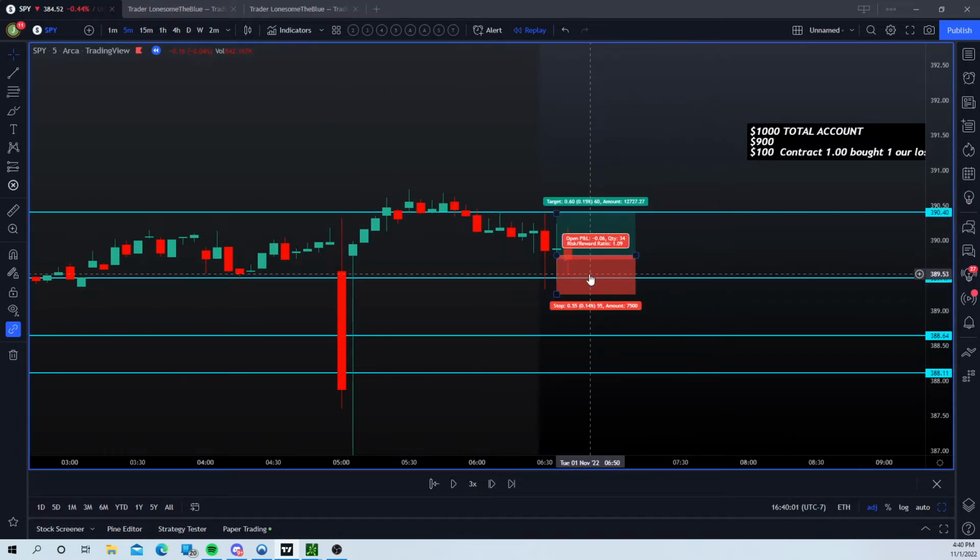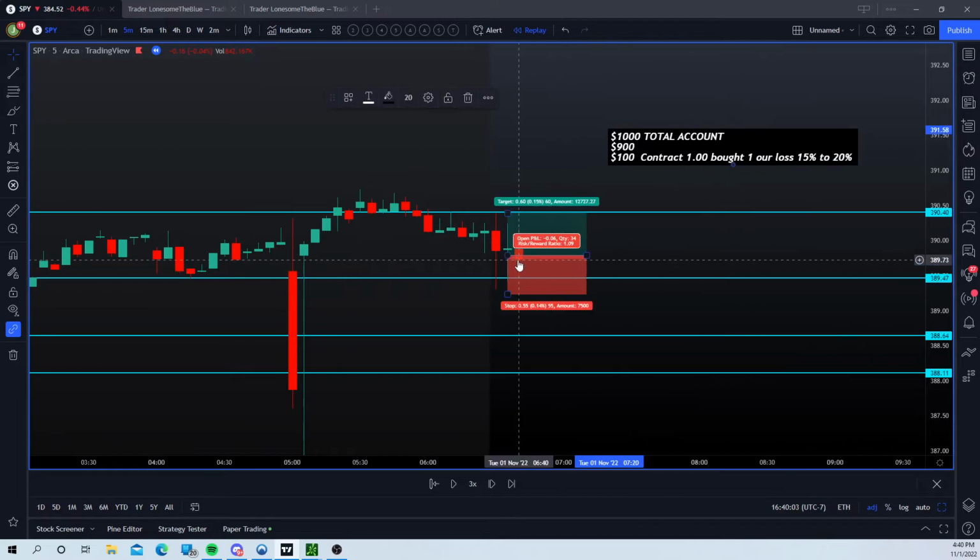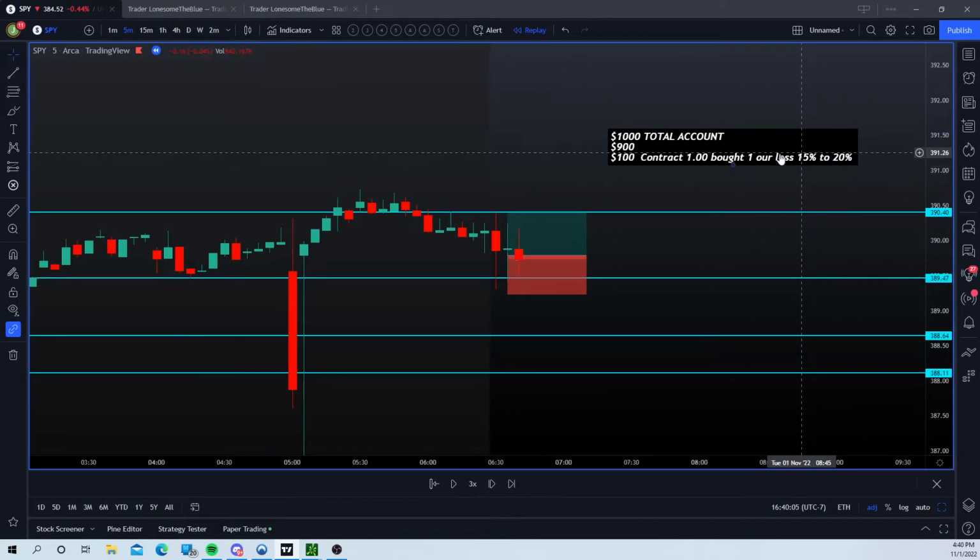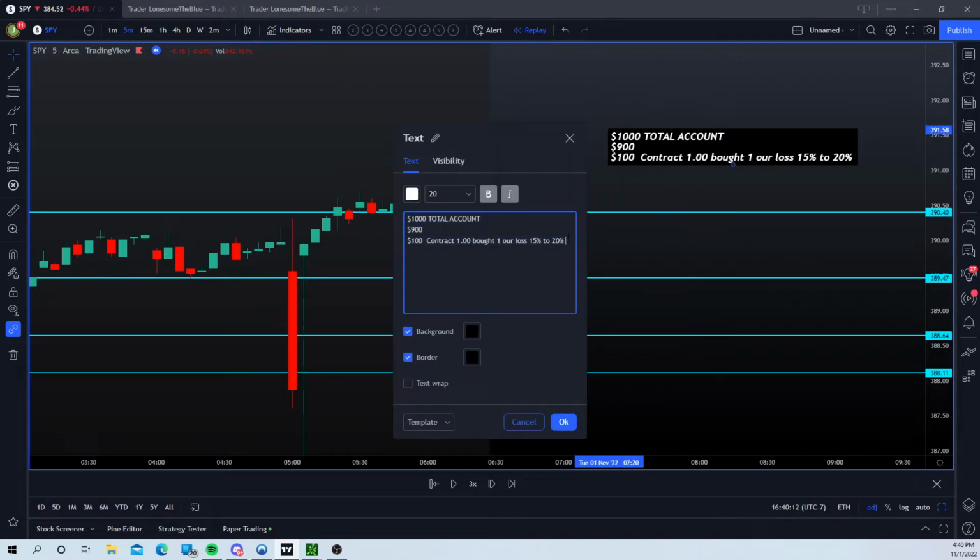So you have a 50-50. You will get stopped out really fast. You will get out and lose $15, right? So let's say you do that because you're crazy and we just don't care. Then there you go. You lose $15 off of one contract. So now your total would be contract 100, bought one, lost 15 or 20. Let's say that would be your stop loss, or 20. So let's say we lost 20 bucks.